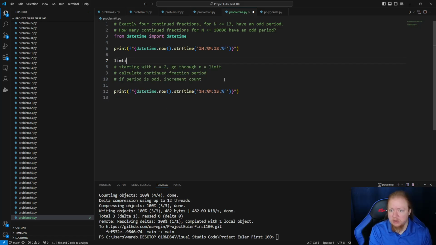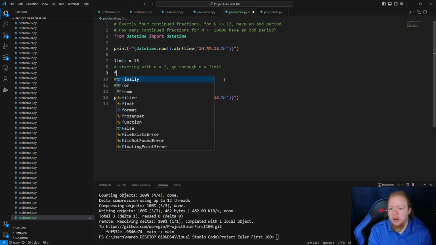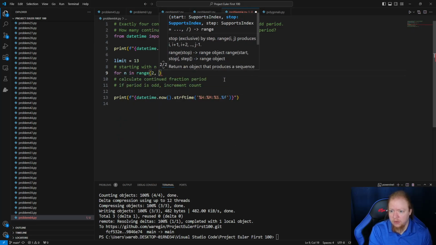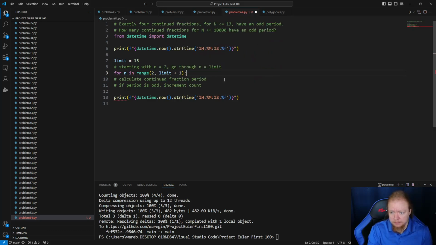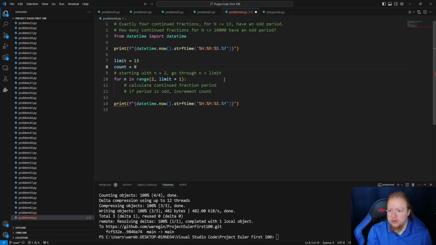So let's start with limit is equal to 13. And then for n in range 2 to limit plus 1, so we can get that end equal to instead of less than, and then count is going to be 0.